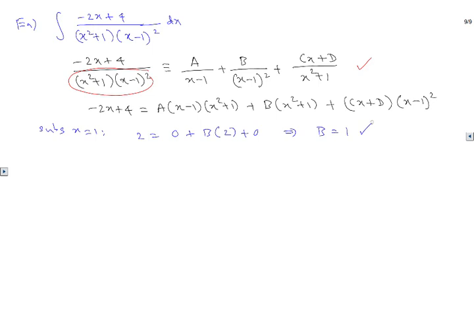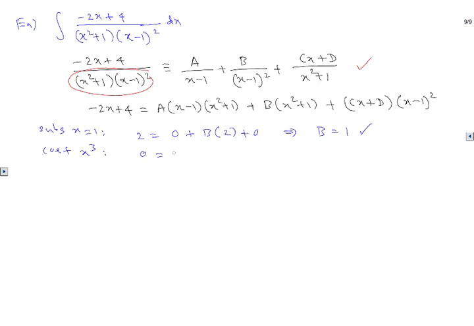So you find b first. Now what we can do is always start with the largest power and then start writing the coefficient. So the largest is x cubed. There is no x cubed on the left side, so it's a 0.